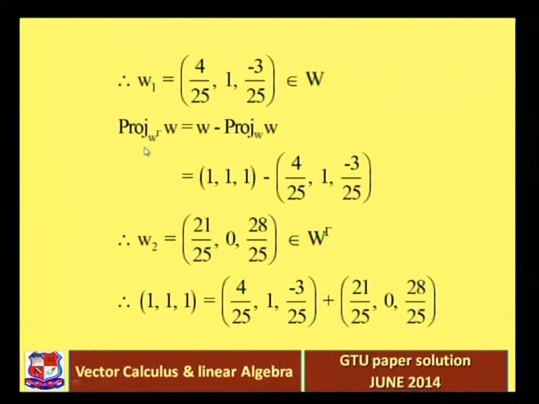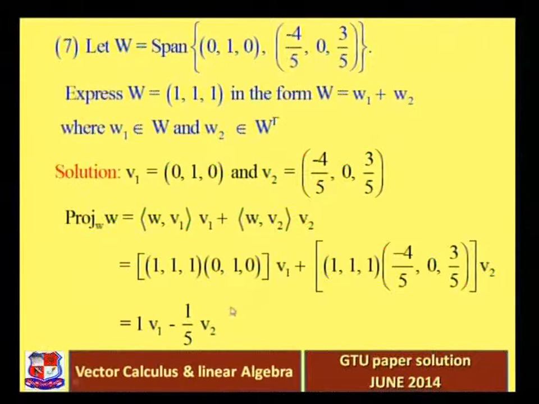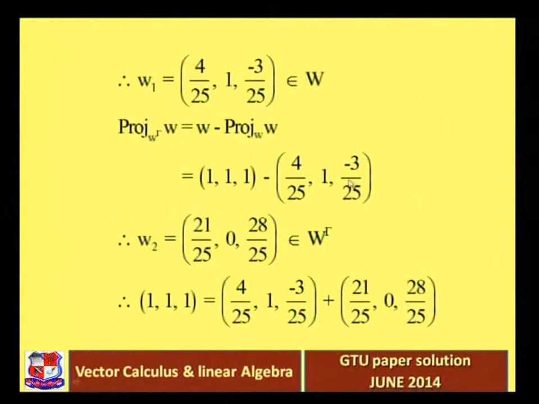Now the projection of w onto the orthogonal complement of W is equal to w minus the projection of w. That is (1, 1, 1) minus (4/25, 1, -3/25). So that is 21/25, then 1 minus 1 is 0, and then 1 plus 3/25, so that is 28/25. So w2 is (21/25, 0, 28/25).